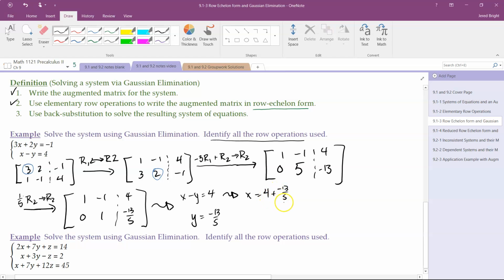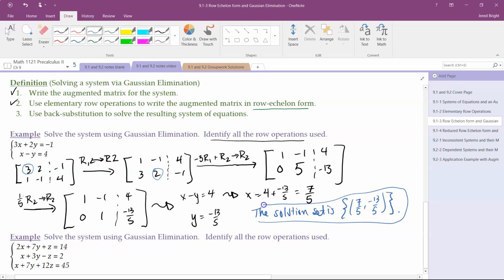Now 4 is 20 over 5, so when I simplify that, I get positive 7 over 5. With this, I've solved the system, and I can state the solution set is 7/5, negative 13/5. And I'm done.